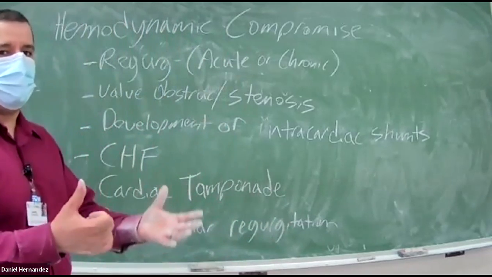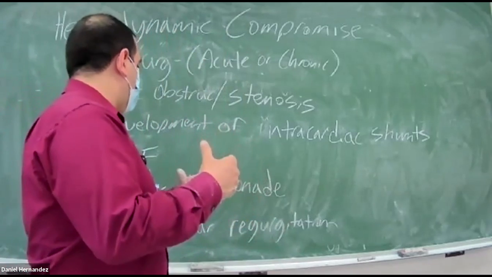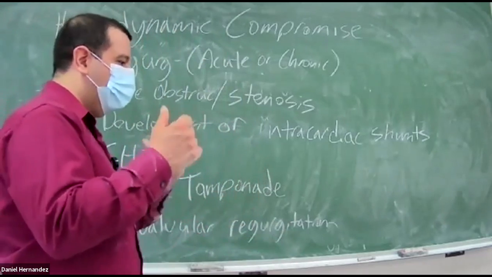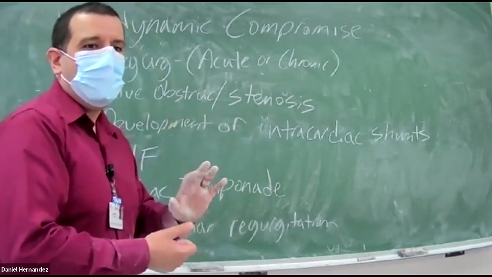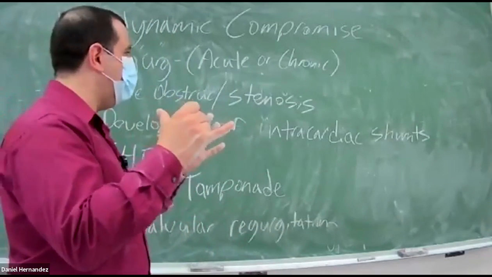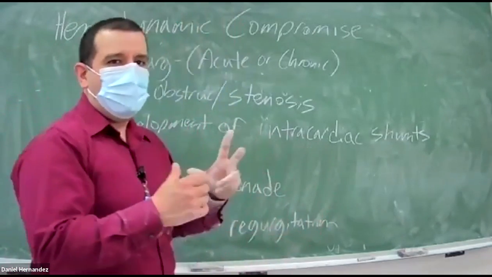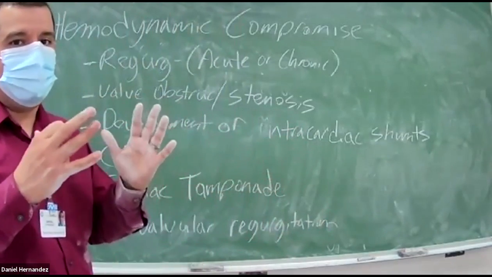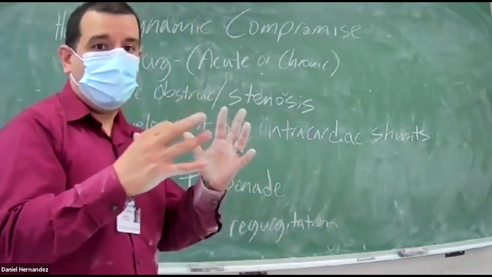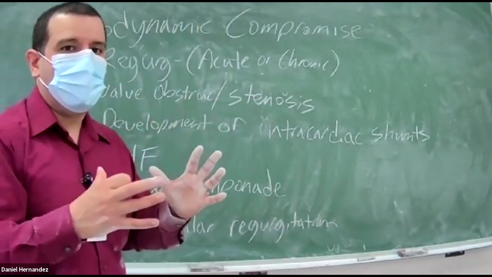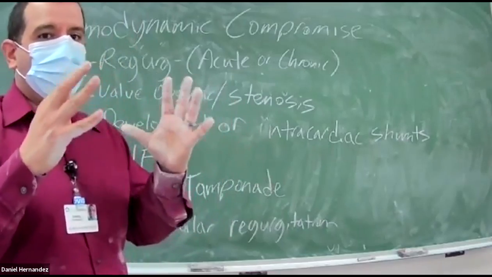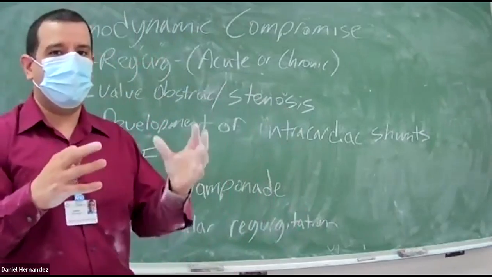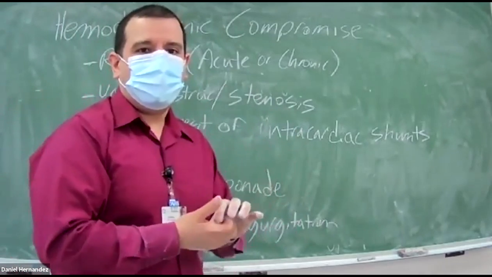The hemodynamics have reached a critical interruption as a result of the pressure of fluid building up around the heart. We get an equalization of pressures within the heart, and the blood flow is essentially coming to a stop or slowing down. So that's the hemodynamic compromise. Everything is almost coming to a halt with cardiac tamponade, all the blood flow within the heart, because it relies on changes in pressure.